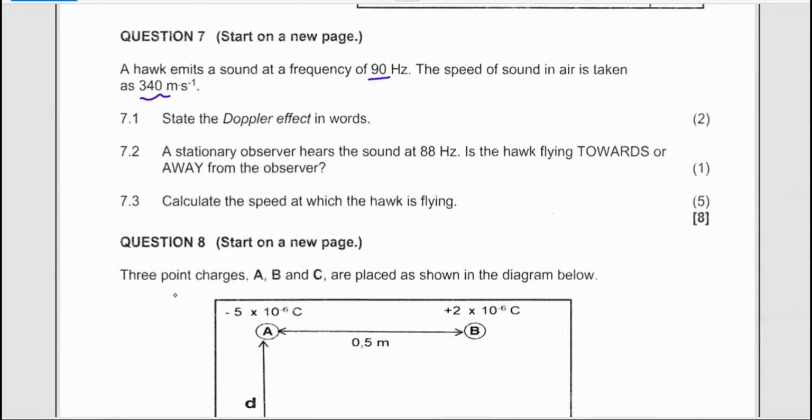So we know that the Doppler effect is basically the apparent change in the frequencies observed and emitted.